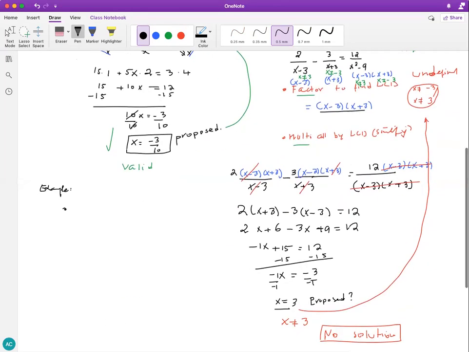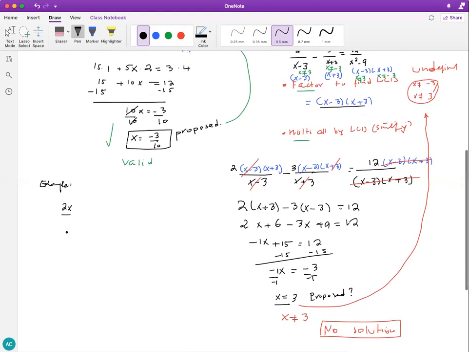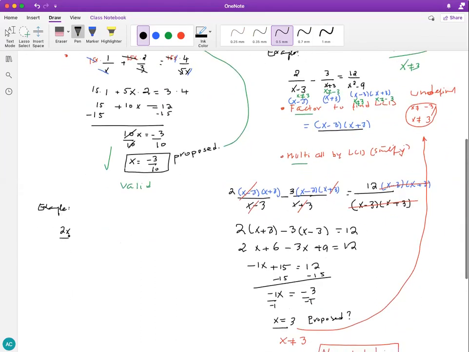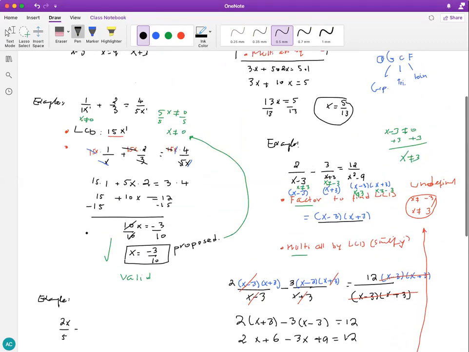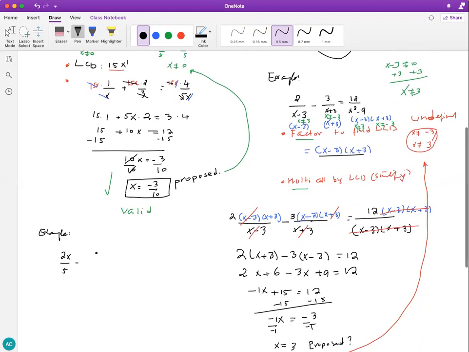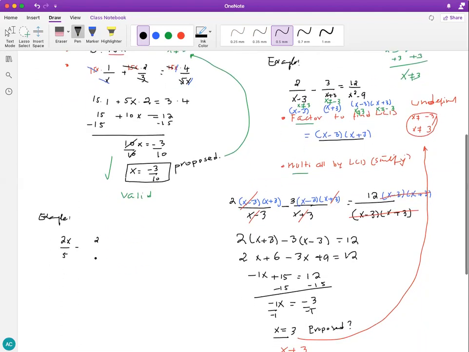Let's say 2x over 5 minus... actually, let's make these rationals maybe here.